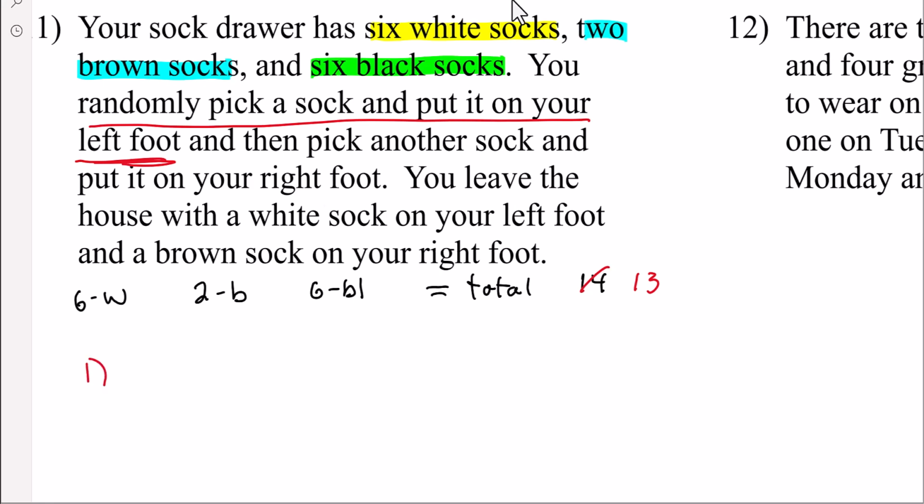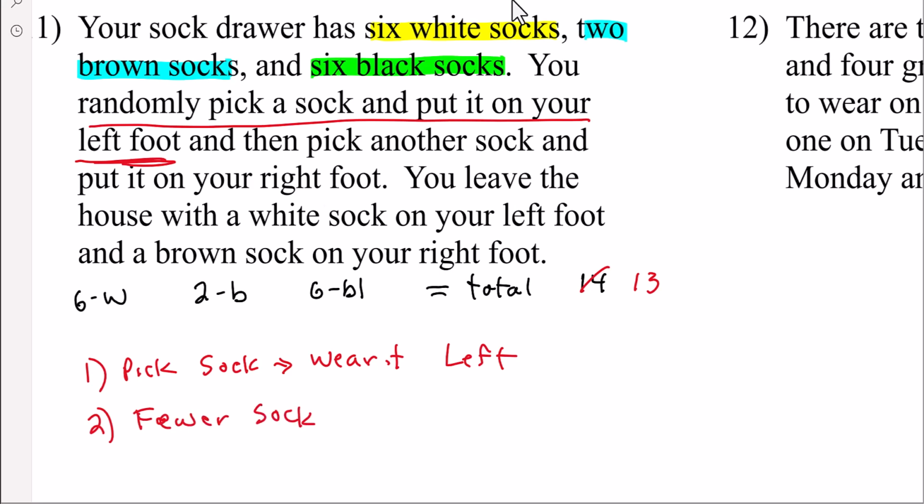So after we pick our first sock and we wear it on our left foot, the second time we have fewer socks to choose from.